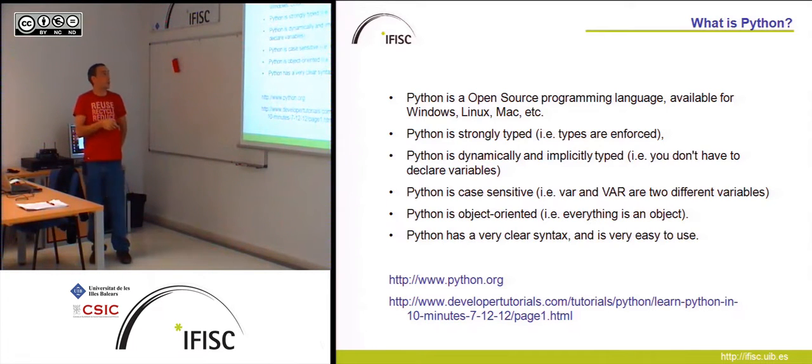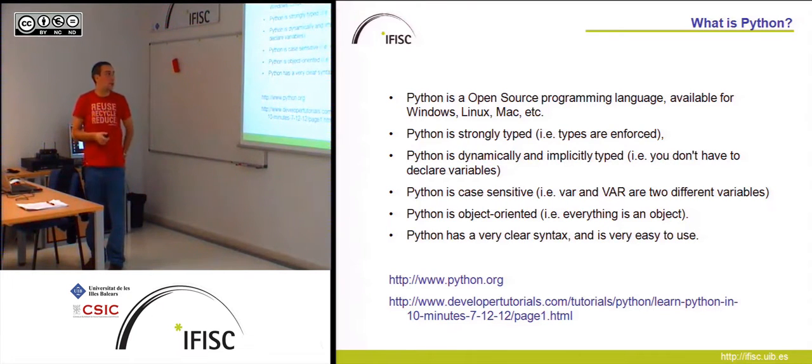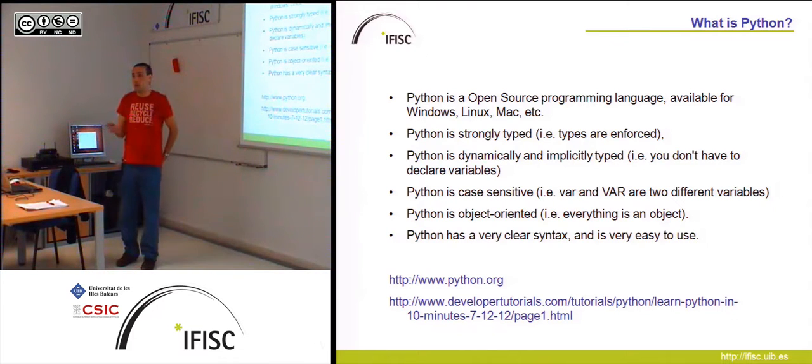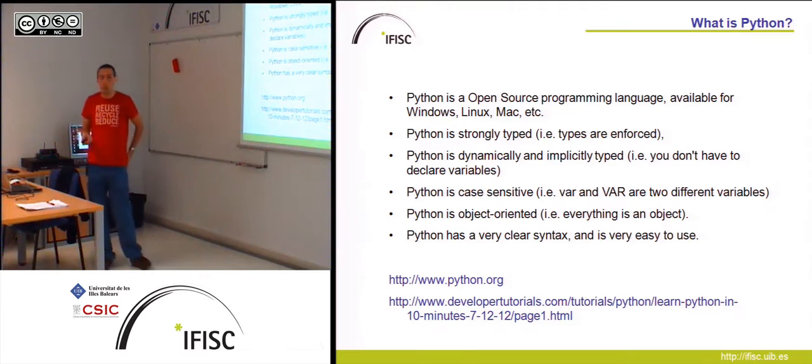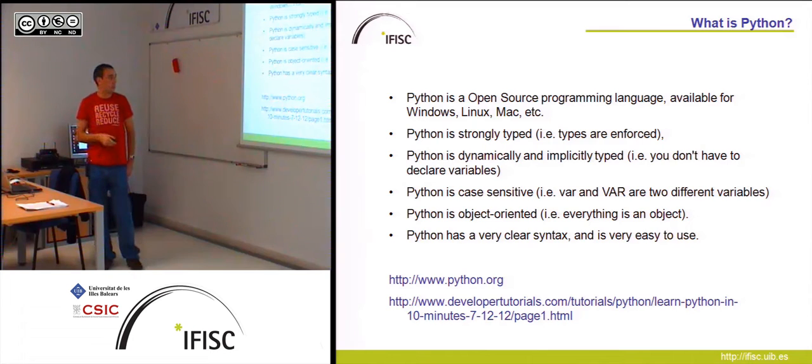It's object-oriented, which means that everything is an object. For people used to Fortran or to C, this is the most confusing part of programming in Python or in C++, which is an object-oriented language, because the philosophy behind the programming is quite different.